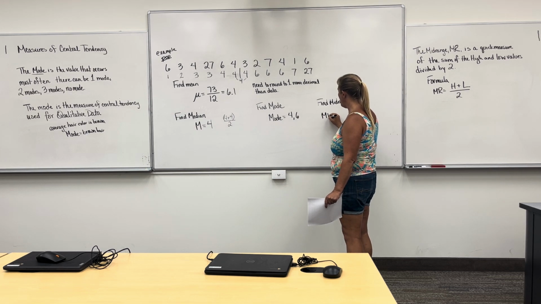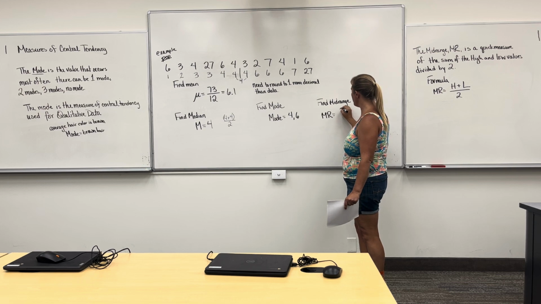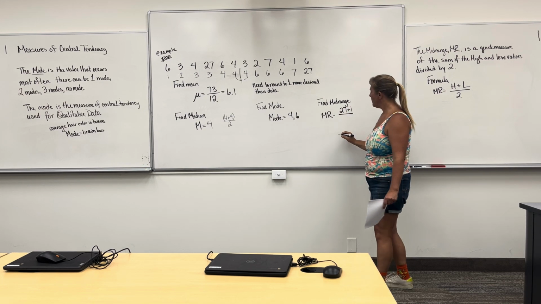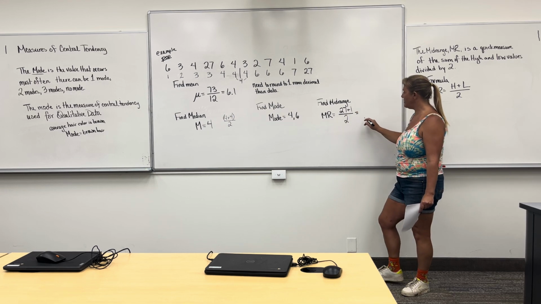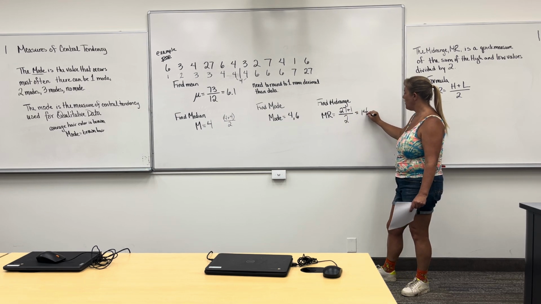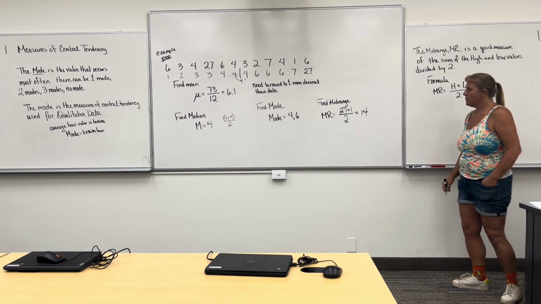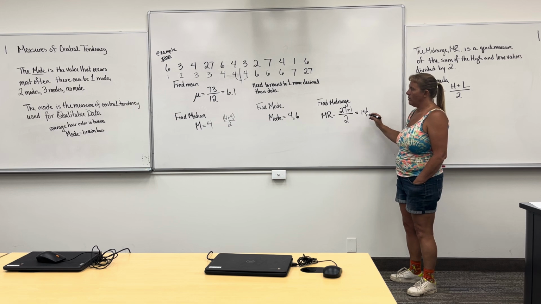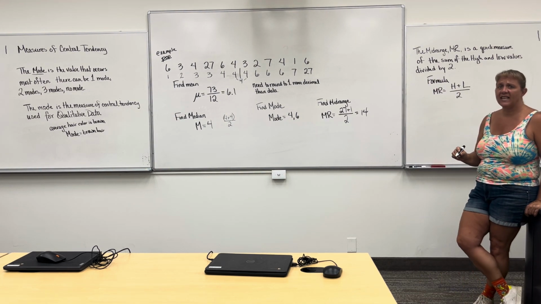You would say the MR is equal to 27 plus 1 divided by 2. So 28 divided by 2 is 14. Now remember, this is supposed to be a measure of central tendency.